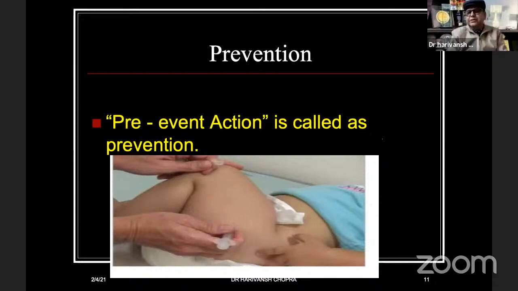Any intervention which is taken prior to the occurrence of an event is called prevention. It's the simplest one-line definition, which is explanatory and applicable to all levels of prevention. Whether you are going to talk about primordial prevention, primary prevention, secondary prevention, or tertiary prevention, right?